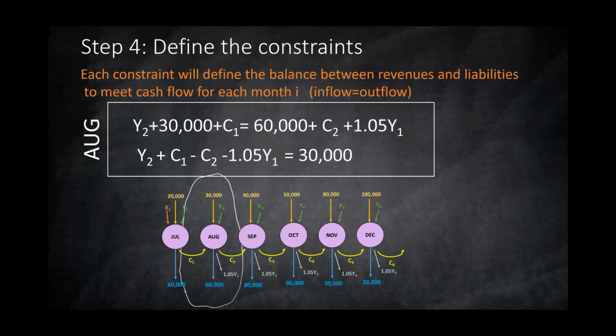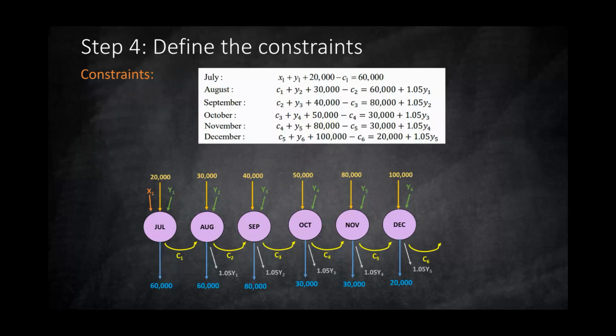So we write inflow equal to outflow, and then we rearrange it into the constraint. If you follow this, and you need to do it 6 times from July to December, for these 6 constraints that represent inflow equal to outflow, you will get the following list of constraints. Obviously this list is not organized with left-hand side and right-hand side, but you can write it on a piece of paper and reorganize it yourself.